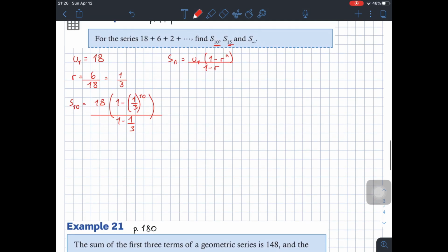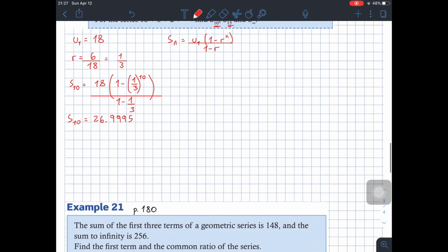And if you do this using your calculator, you should get 26.9995. So you would probably already know that the converging value for this series is 27, right? So we're going to prove if that's correct.